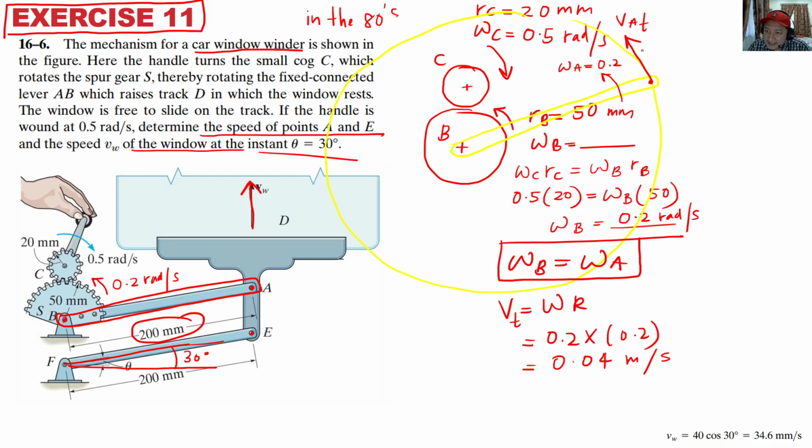But this is in the linear direction, not this direction. We want to find the vertical direction. This one is definitely 30 degrees from here. So you know velocity as a vector. If this vector is 0.04, what is this vector?